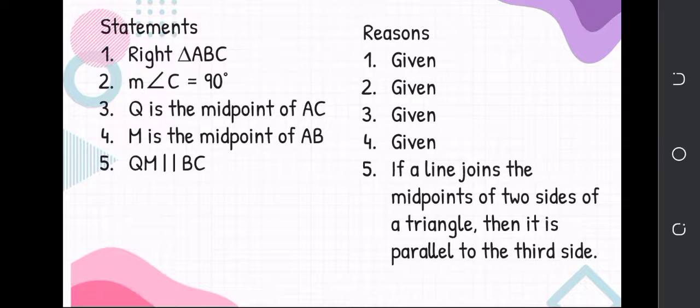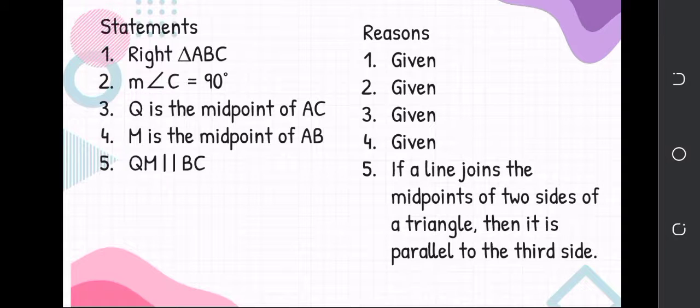Now statements. Right triangle ABC, given. Measurement of angle C is 90 degrees, given. Q is the midpoint of AC, given. M is the midpoint of AB, given. And line segment QM is parallel to line segment BC. Why?